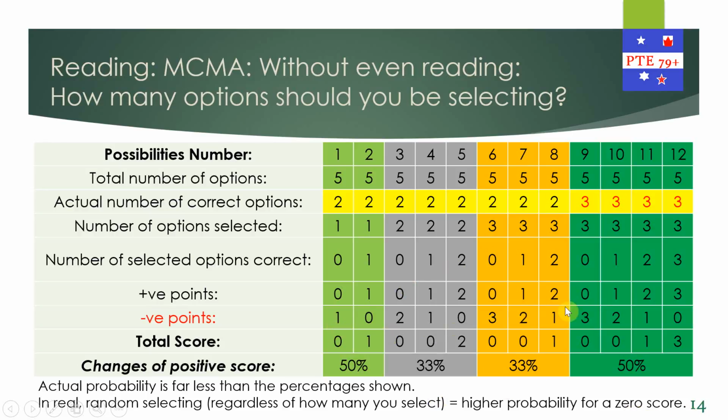Even if you select 1, 2 or 3, even if there are only two correct options or three correct options, the higher probability will fall in such a way that we are going to get 0. So when we are getting 0 anyway, why don't you make three selections? Maybe you will get one correct or three correct. So I will suggest, if you want to select something without reading, select three answers.